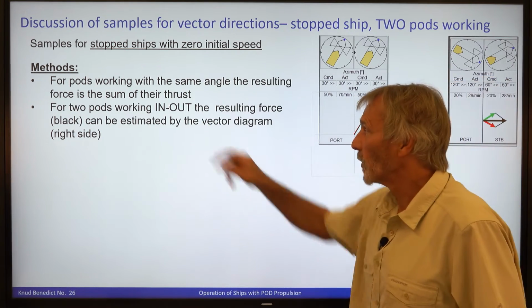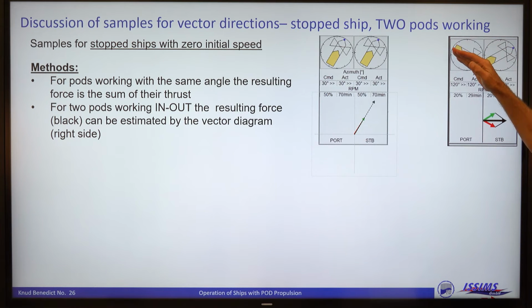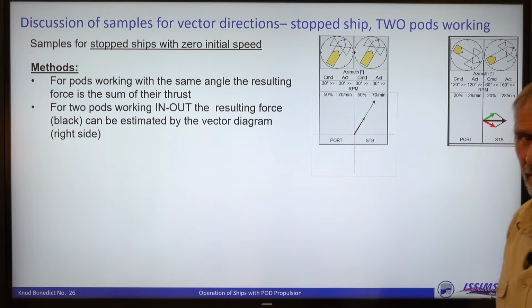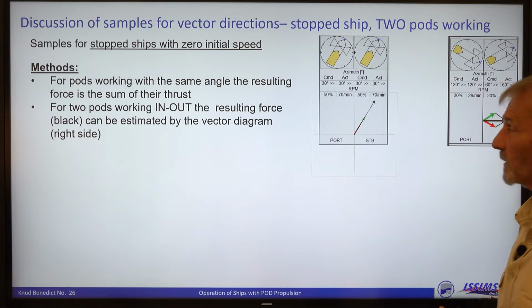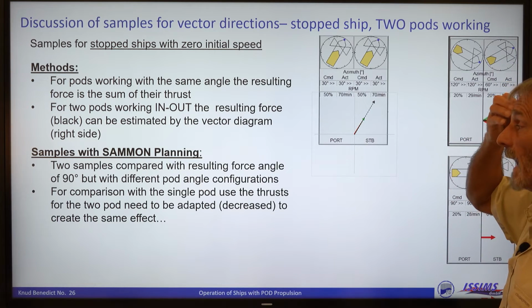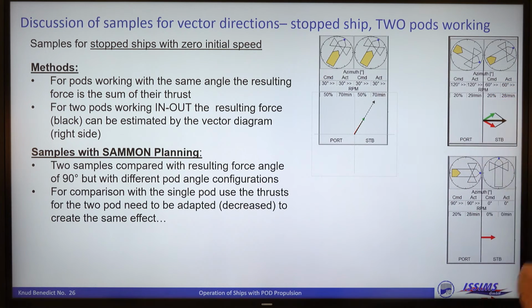For two pods working in an in 120 and out 60 configuration, for instance, the result is a total thrust direction of 90 degrees. So you can use this vector diagram from the port pod and the starboard pod. It's a screen. We can get the black resulting force. And we will use some samples afterwards with the SAMMON planning tool.